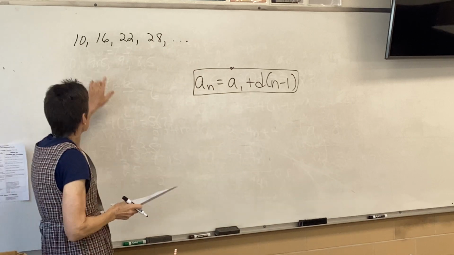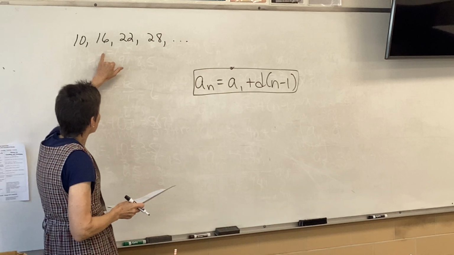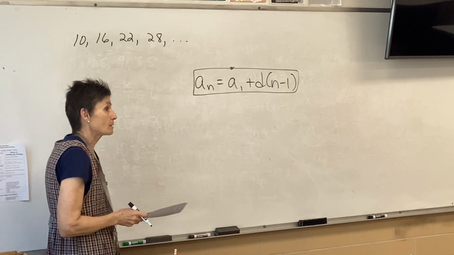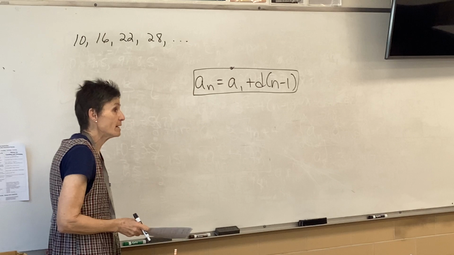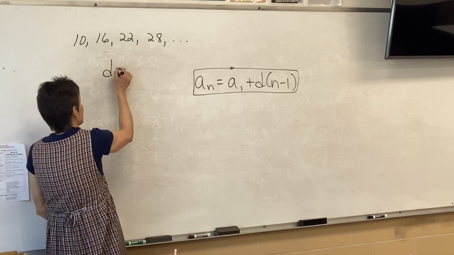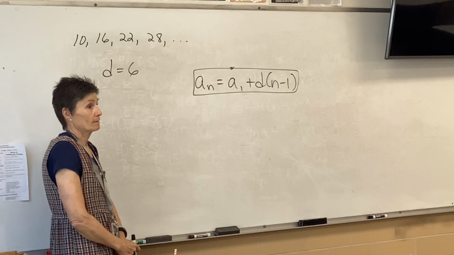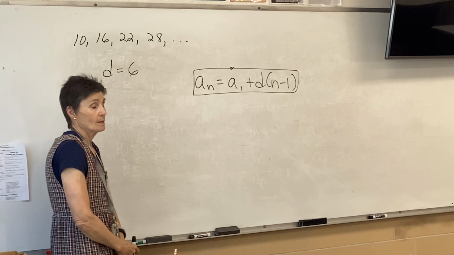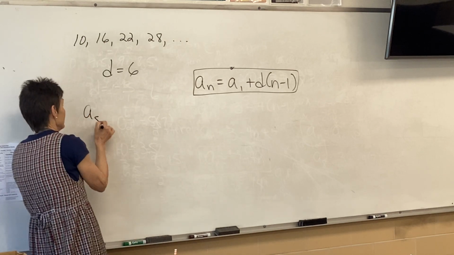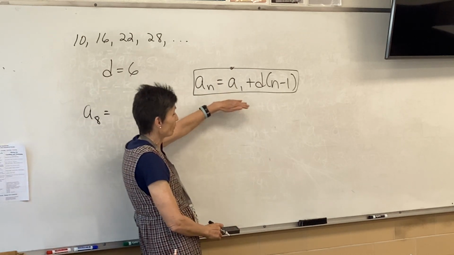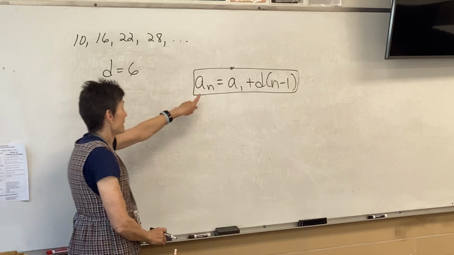Quinn, do you think this is arithmetic? What am I doing here to get from term to term? What do I seem to be doing? Adding 6. That it's arithmetic, right? And the common difference is 6. Now, find a sub 8. Do what you need to do to find a sub 8 using this formula right here, letting n be 8.